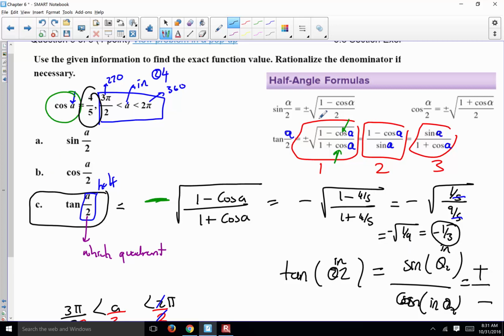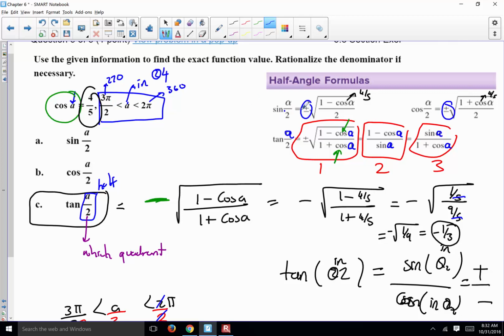For sine and cosine, all you need to do is enter 4/5 here and compute these square roots. But I'm wondering about the sign. Who can tell me the sign of alpha over 2? A over 2, plus or minus? For sine of half of an angle, that angle is between 270 and 360.